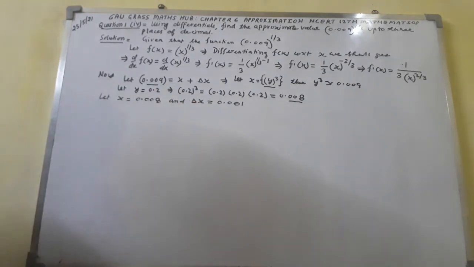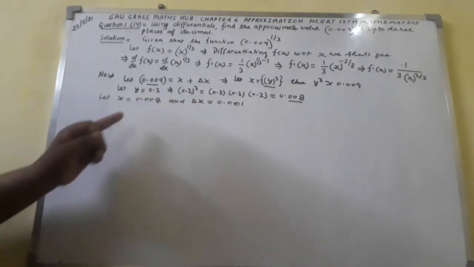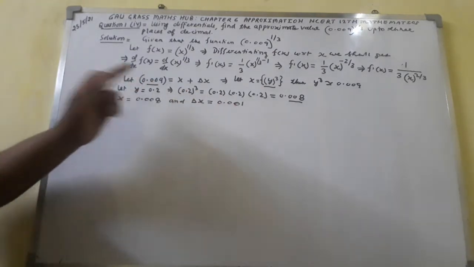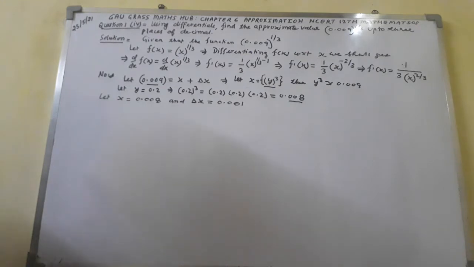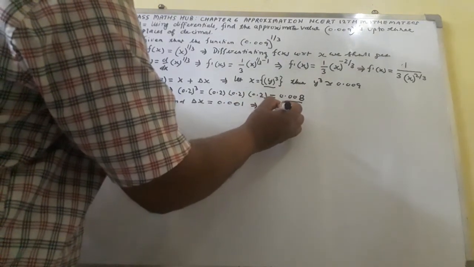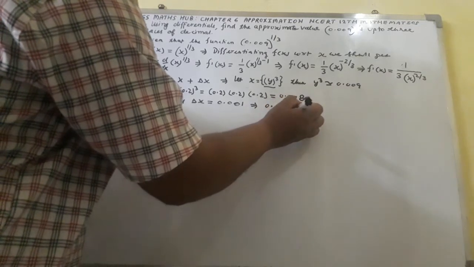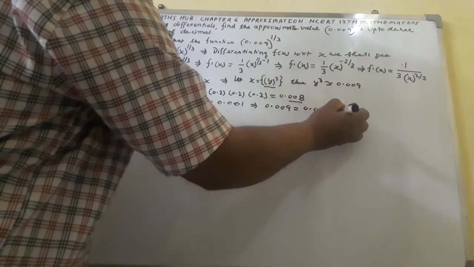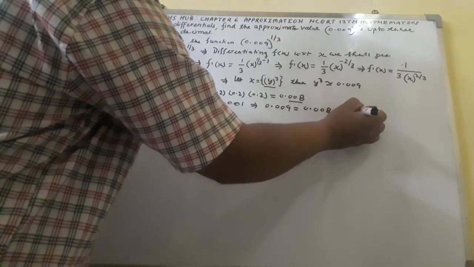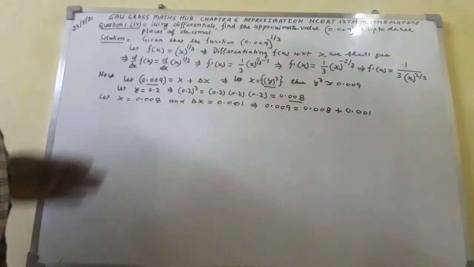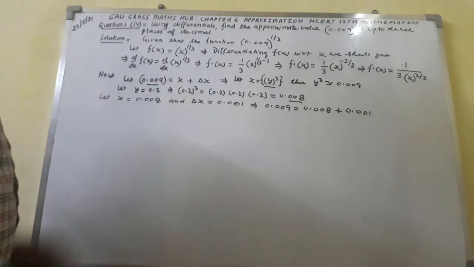X plus delta x will be added together. 0.008 and 0.001 added together will give this value. Here again I shall write, implies that 0.009 equal to 0.008 plus 0.001. This thing I have got. The value of x you have determined, and the delta x value I have determined.